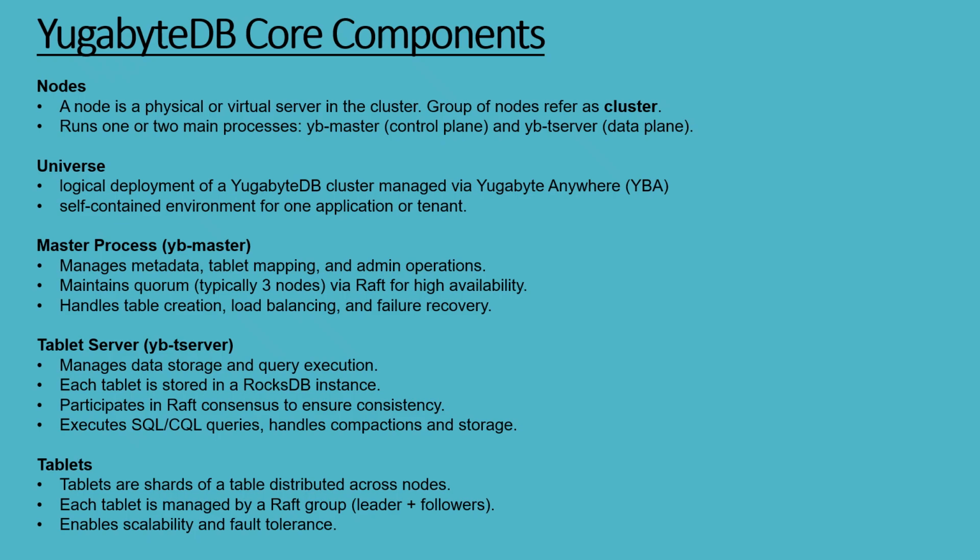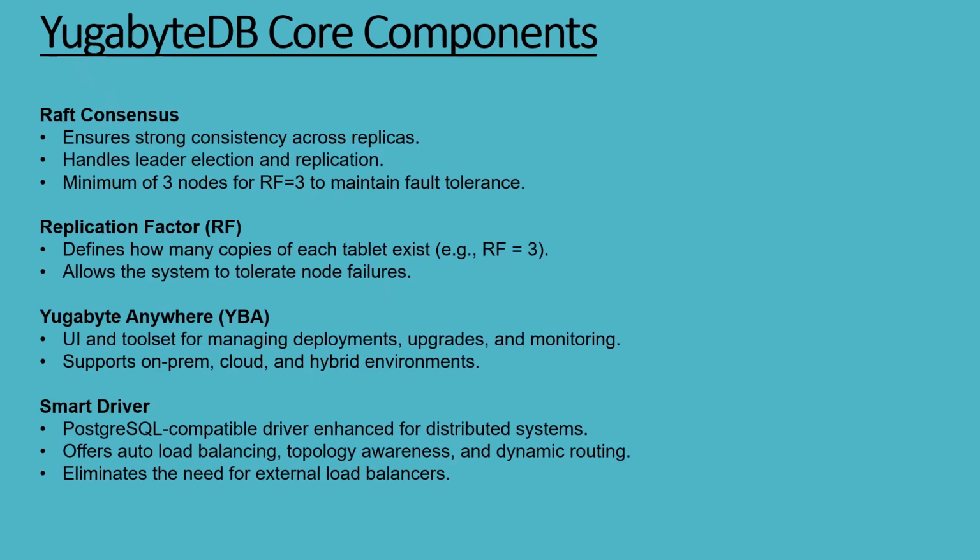So this fine-grained partitioning is the key to YugabyteDB's ability to scale and balance load across the cluster. So in simple terms, tablets are the core units of storage and replication in YugabyteDB, making distributed SQL work efficiently behind the scenes. So moving on, we already touched upon the Raft consensus group a few times already.